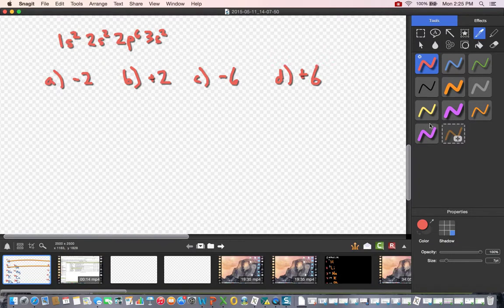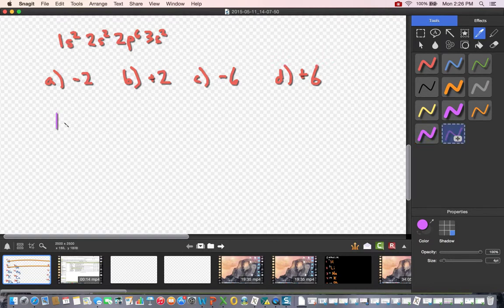The driving force for making ions is to have a completely filled s orbital and a completely filled p orbital. We call that the octet rule. This element can be given an octet if it does one of two things. Number one, it could lose the 3s2 electrons. Let's see what would happen if that occurred.